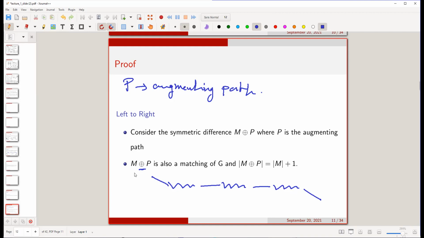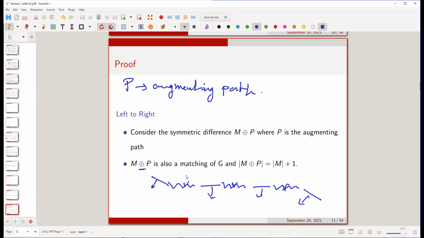So M symmetric difference P will also be a matching, and it will take this edge, this edge, this edge, and this edge, because these are the ones that are not in M. But this edge, this edge, and this edge belong to both M and P. That's why those edges will be removed from M symmetric difference P.